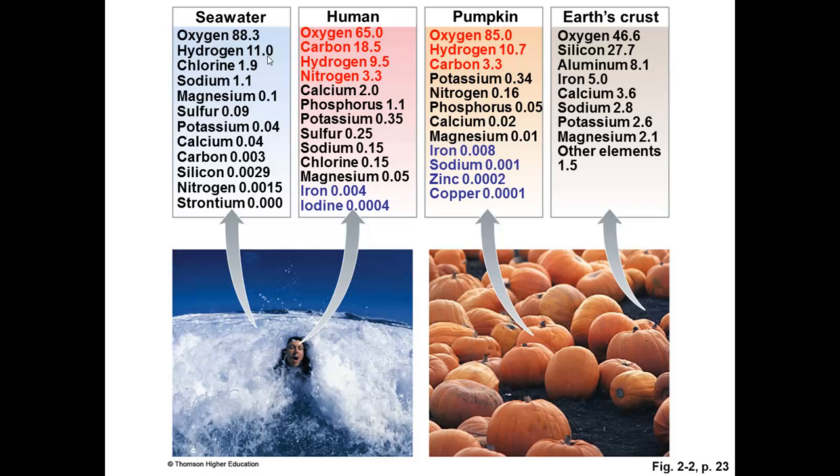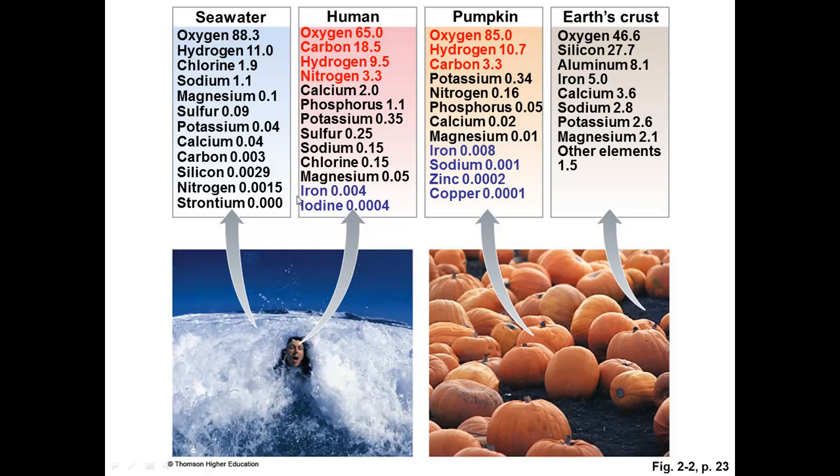In contrast, if we look at a human, we can see that the most common four elements, shown here in red, are oxygen, carbon, hydrogen, and nitrogen. This is very similar to a pumpkin, which also has a great deal of oxygen, hydrogen, and carbon, although it has less nitrogen. In contrast, the Earth's crust, while it has a lot of oxygen, has silicon and aluminum as the second and third most common elements.